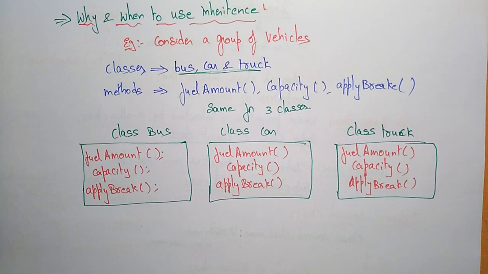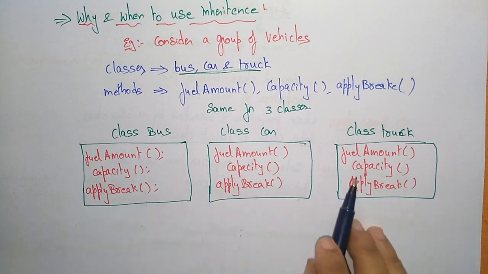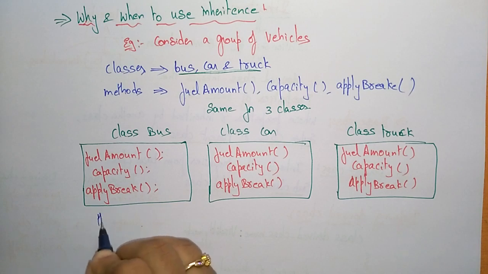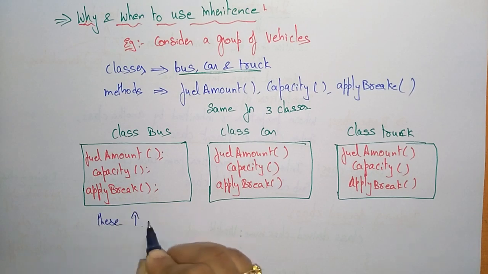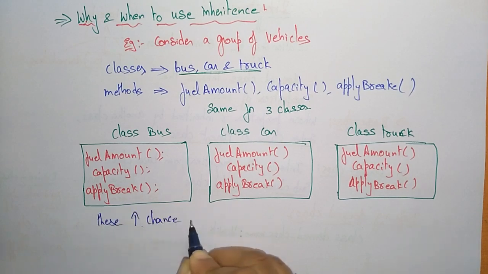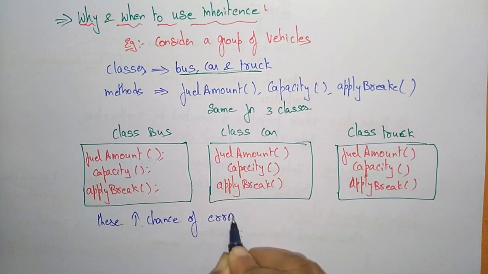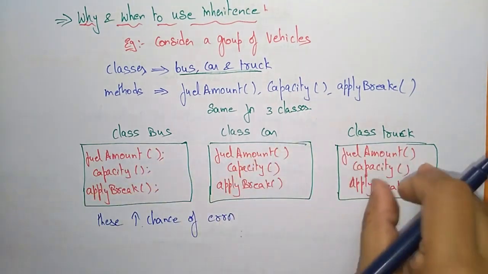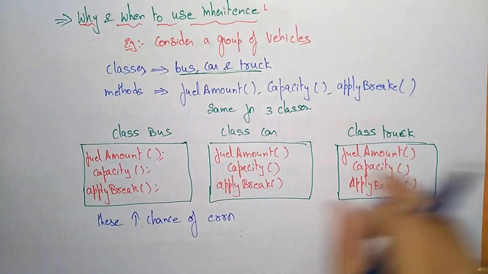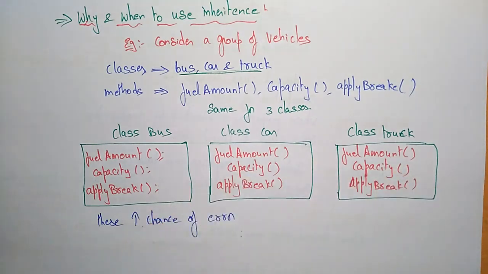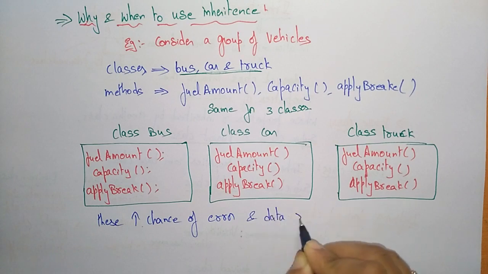One disadvantage here is duplication of the same code three times. Repeating the same code for three classes may increase the chance of errors, and it may also cause a data redundancy problem.